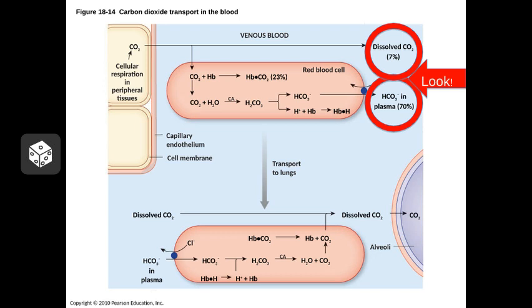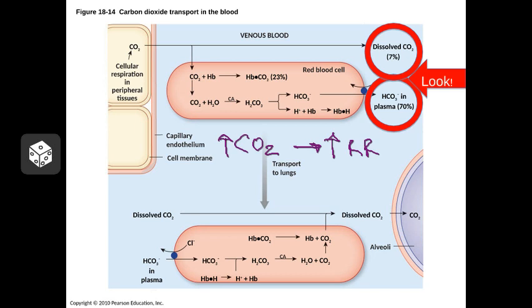If you increase the amount of carbon dioxide that is being transported in the plasma, and that plasma goes past the medulla oblongata, it will be detected and you will have an increase in respiratory rate.